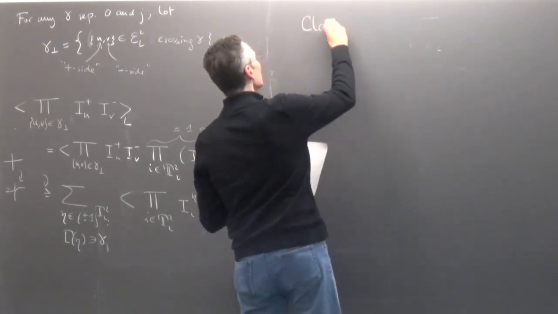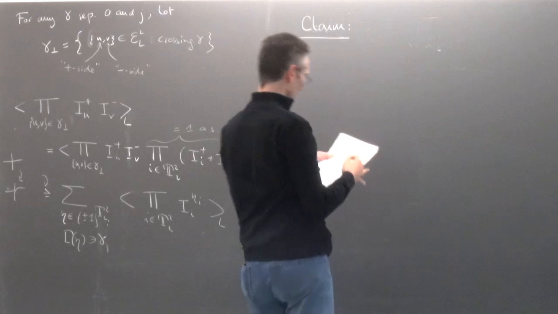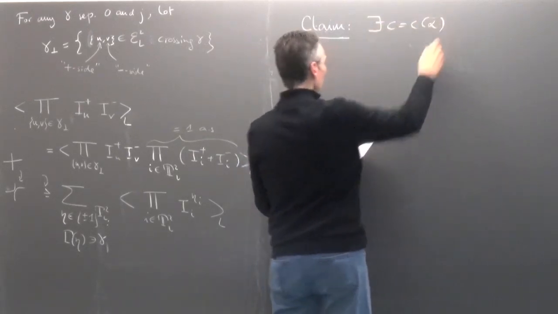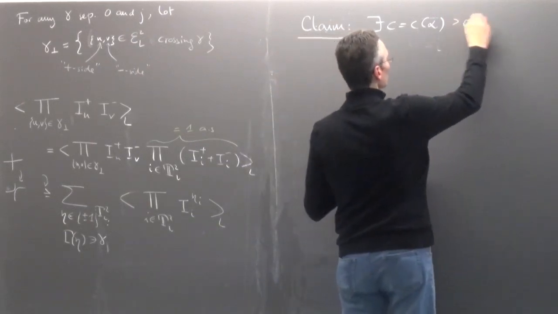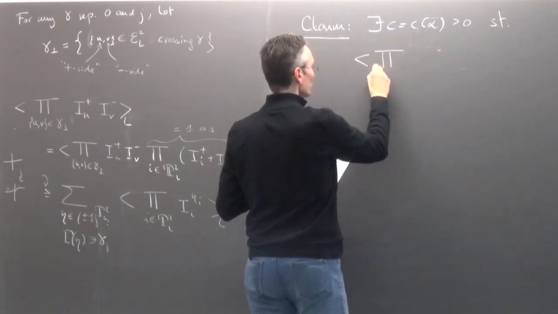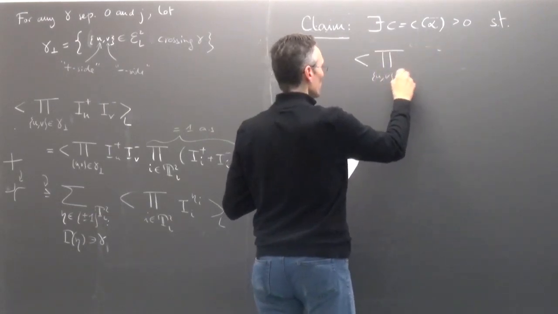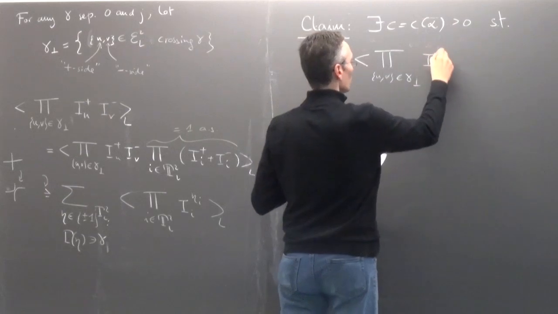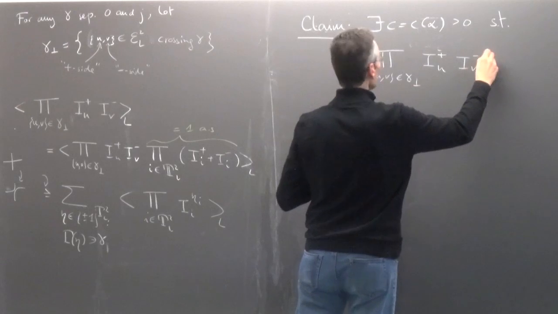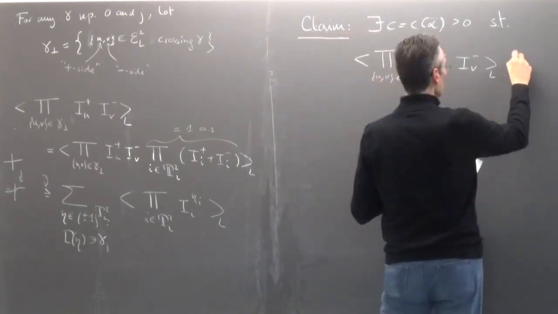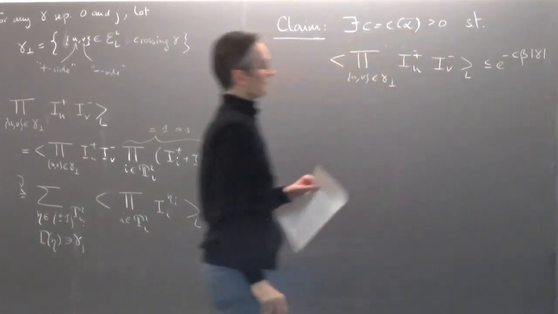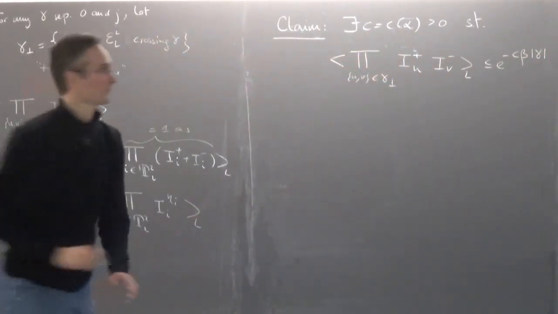Claim: there exists a constant C, which depends only on alpha, which is positive, such that this expected value of the product over uv in gamma orthogonal, I plus u, I minus v, is smaller than e to the minus C beta gamma. Okay. I claim that this is true.